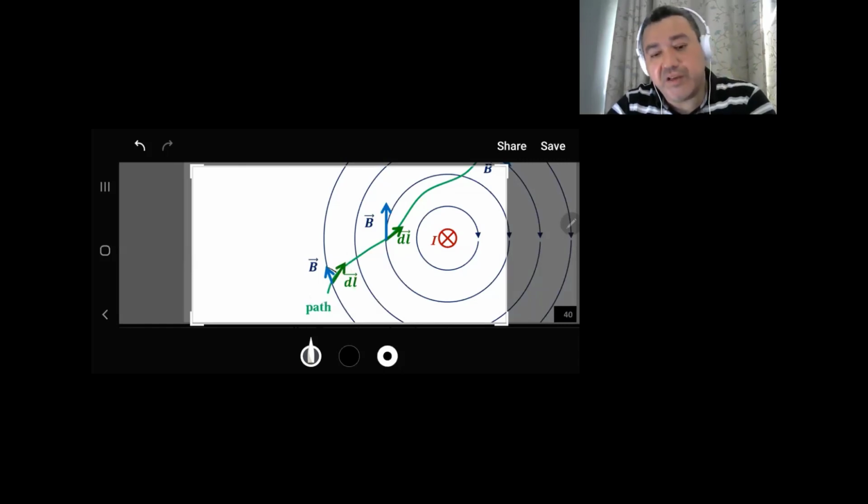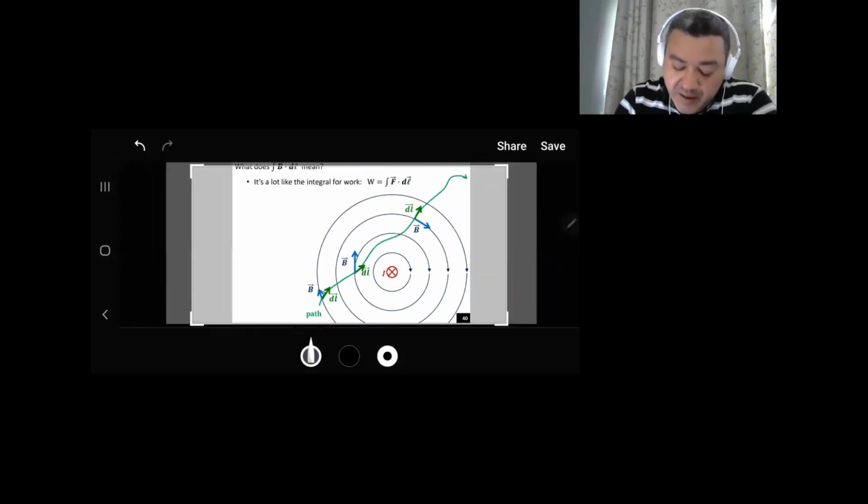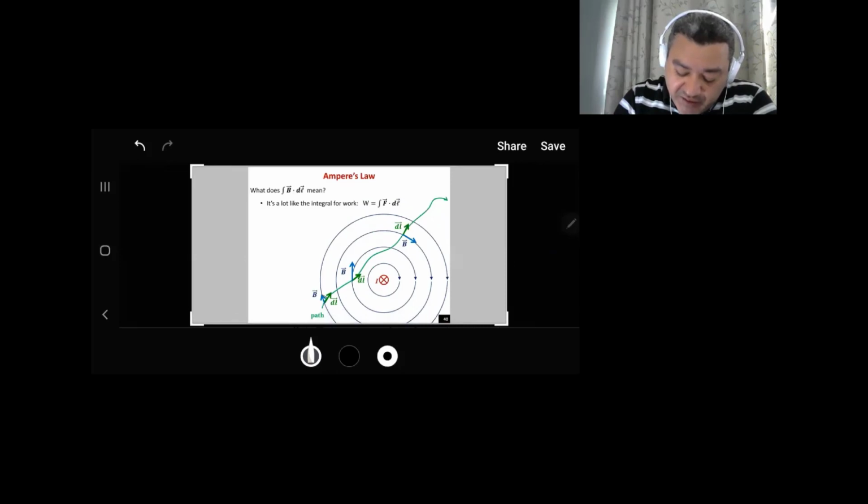That's why when I take the dot product, I take the magnitude of both times cosine theta, as if I have projected the magnetic field along this path. The only component that is useful for me is the component along the differential element of the path. This is what the dot product between two vectors means, if you recall. So when I take the integration of the magnetic field along a path, this is what I do.